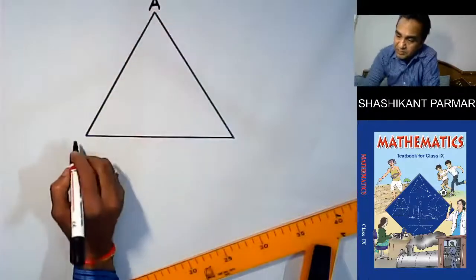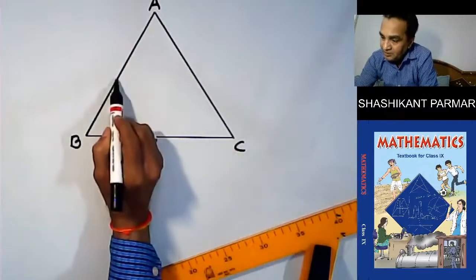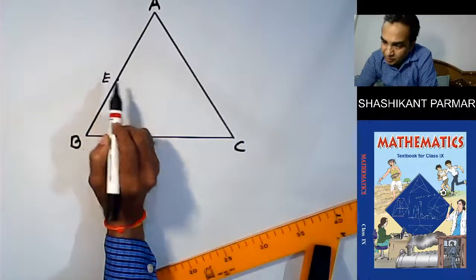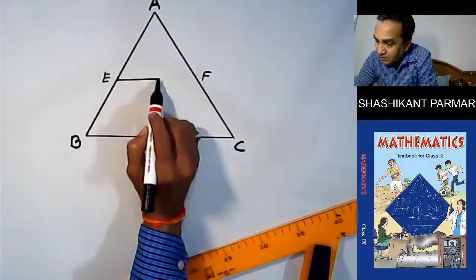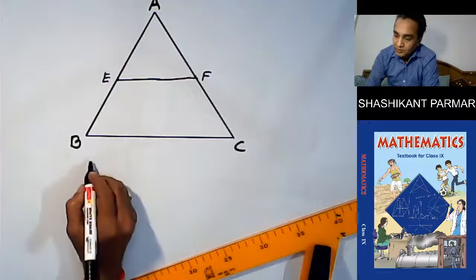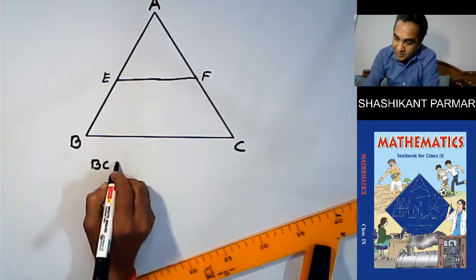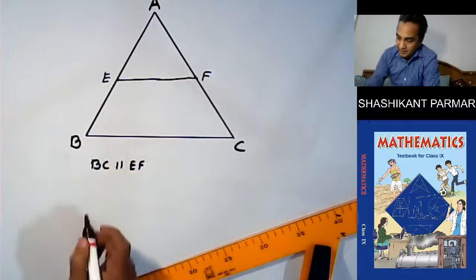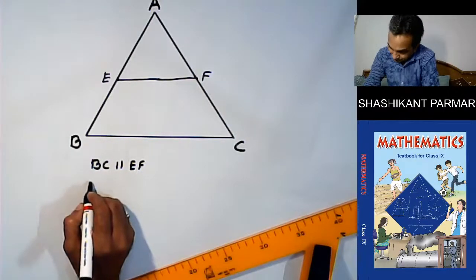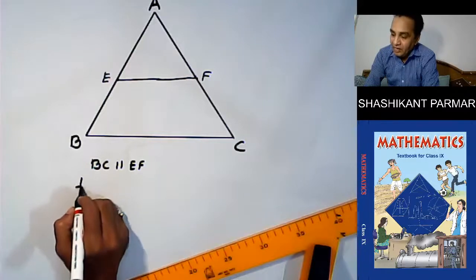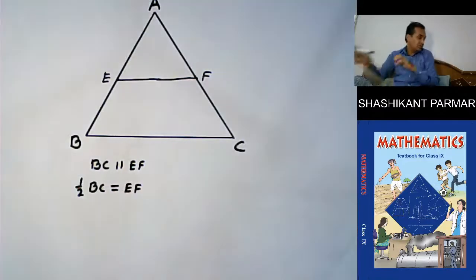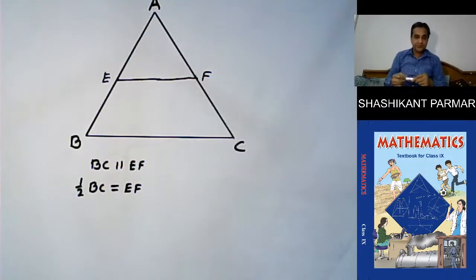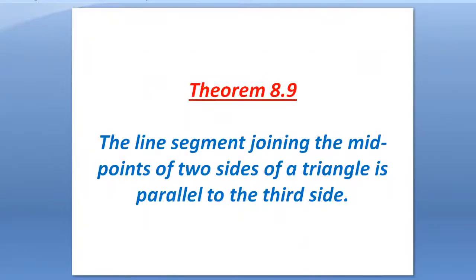So this is triangle ABC. E is the midpoint of AB and F is the midpoint of AC. And if we join these two, then BC is parallel to EF and 1/2 BC is equal to EF. So this result is important. This is theorem number 8.9.